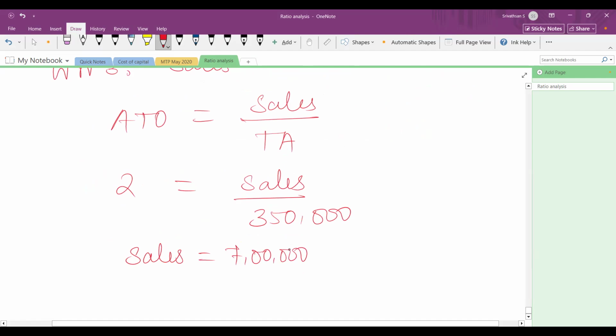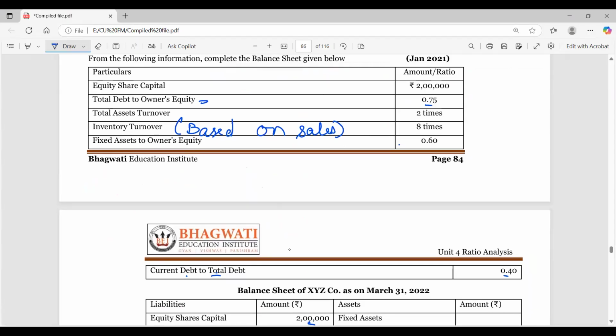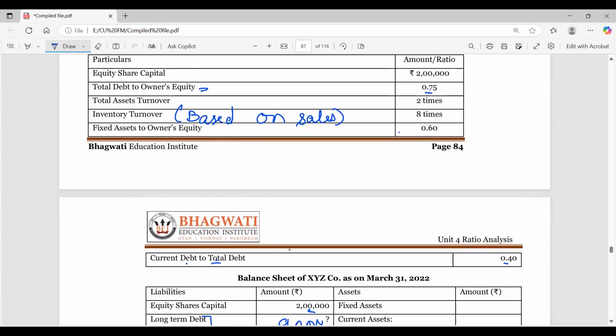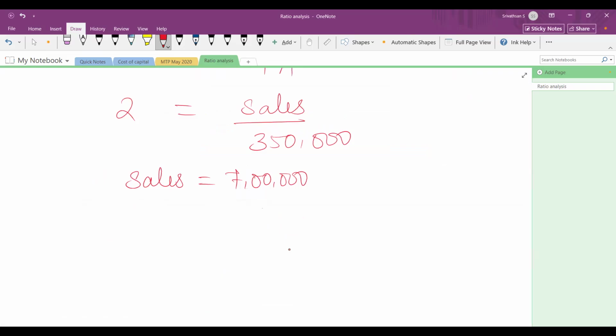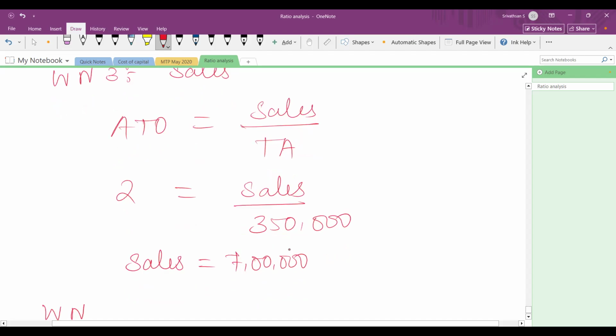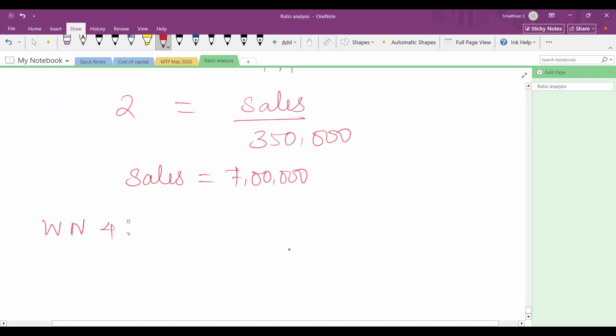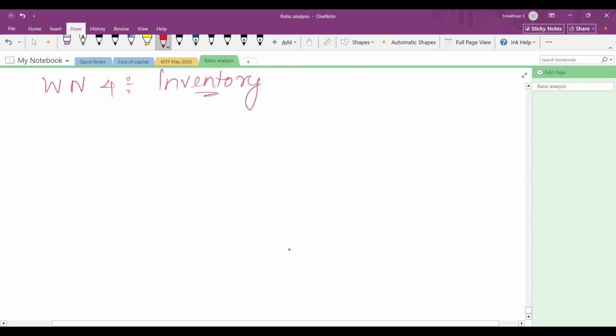Did everyone understand this point? How did we get these numbers, clear? So now based on sales, we can calculate inventory. Working note number 4, inventory.